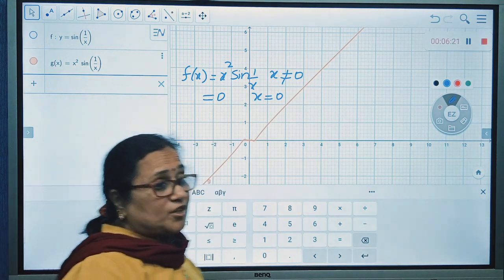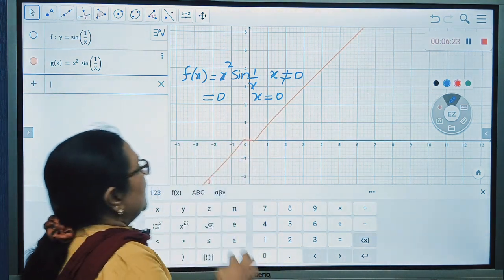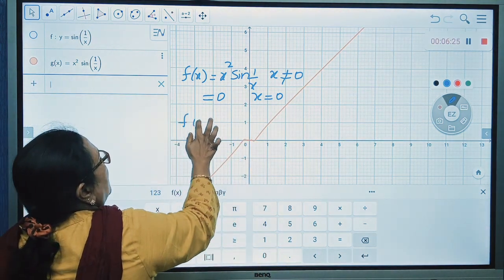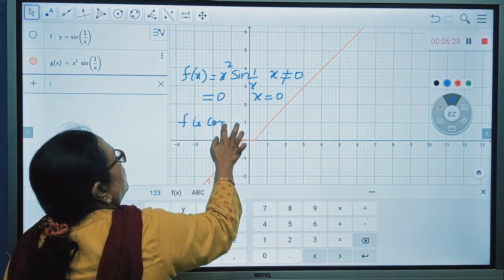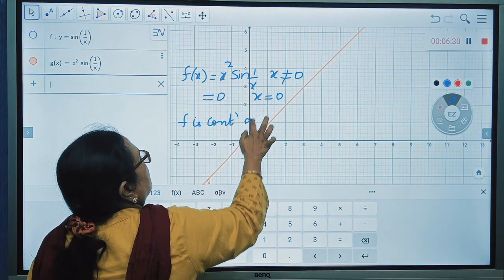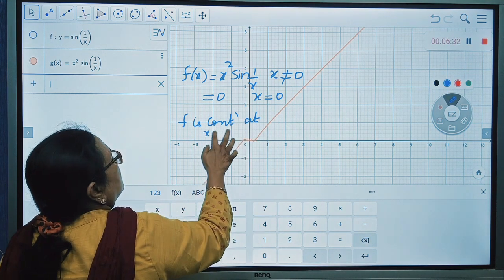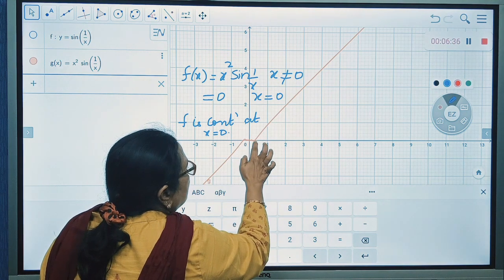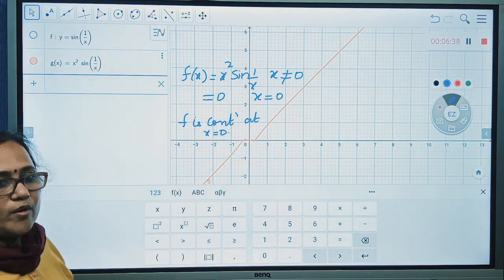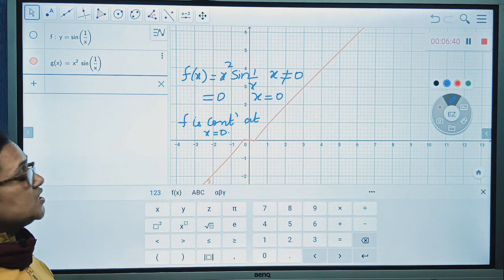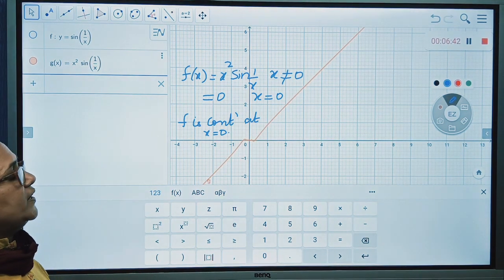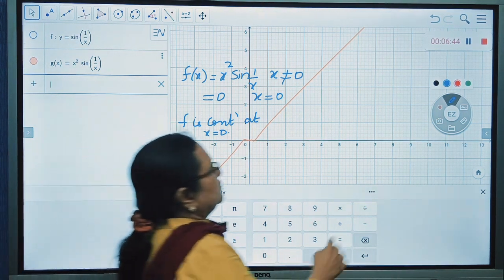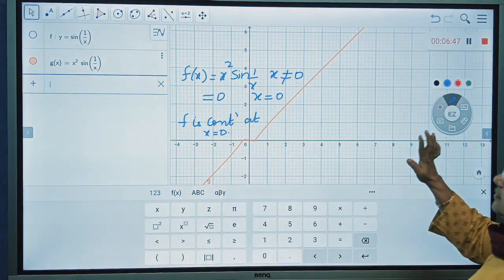So the value of the function is also 0. Therefore, f is continuous at x equal to 0. It's very nice when you observe how it becomes closer and closer to 0. That is what I want you to see, and that is the beauty of the graph of x square into sine 1 by x. Is it clear?